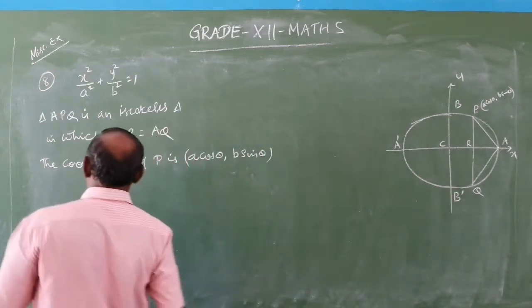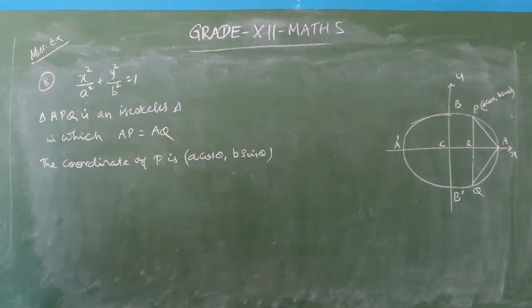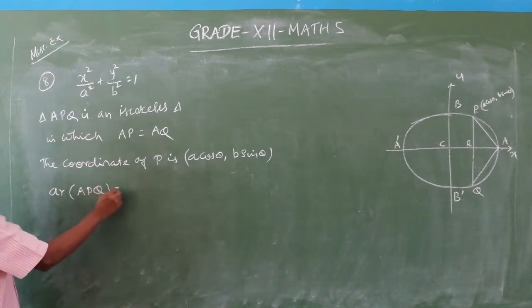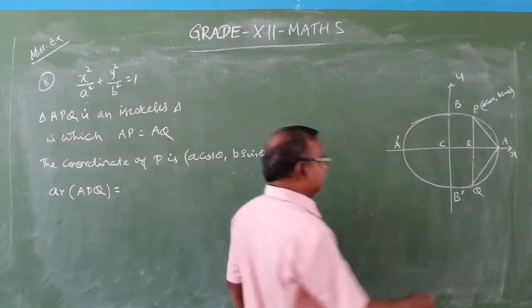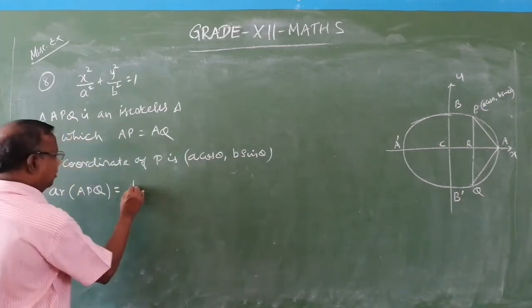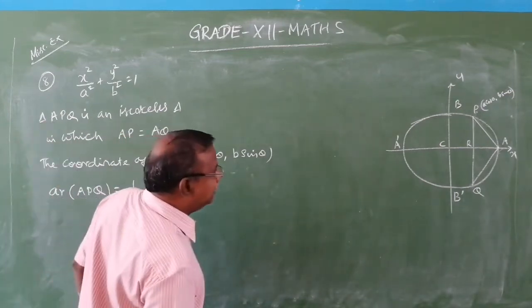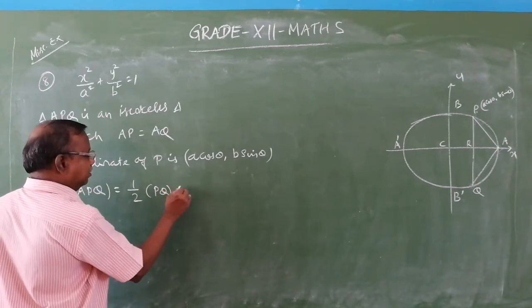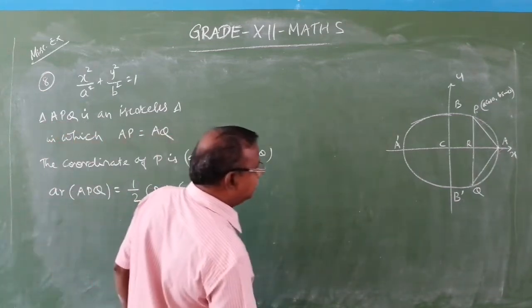Now we need to find the area of the triangle APQ. Area of triangle APQ equal to half into base into altitude, that is half into base PQ into altitude AR.